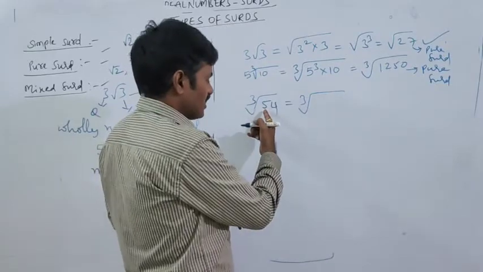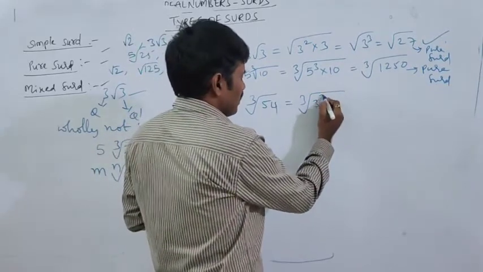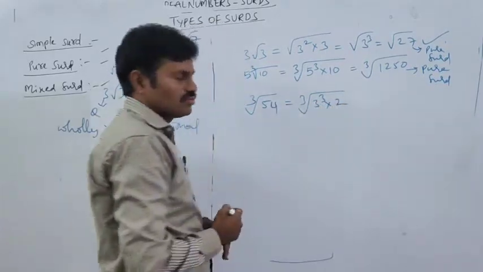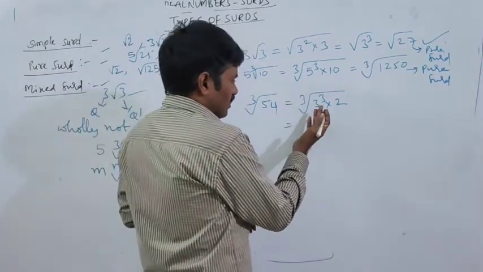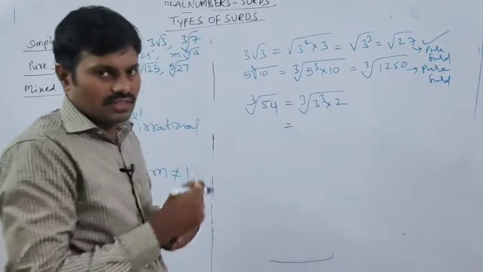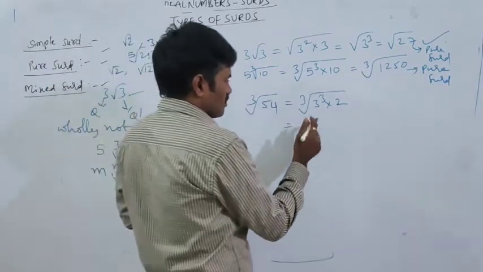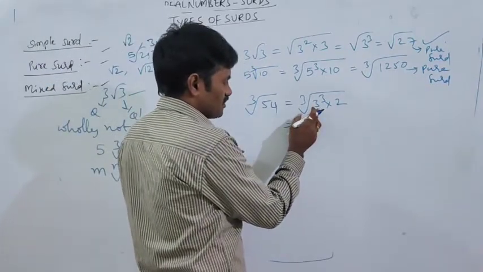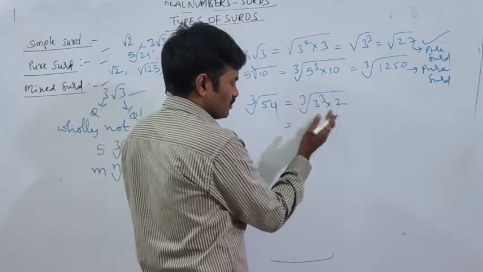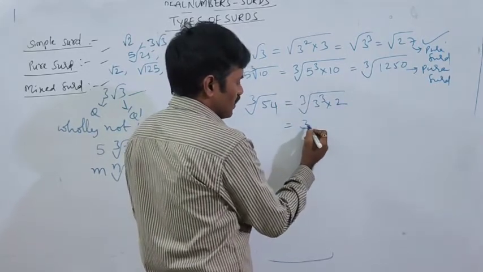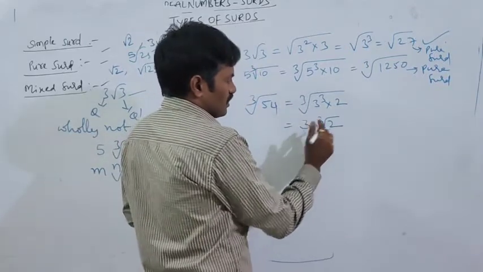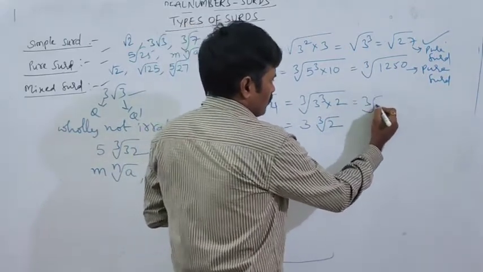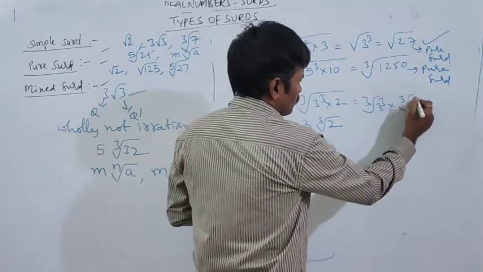The prime factorization of 54, I get 3 cube into 2. Am I correct or not? Yes. Now let me bring out some rational numbers outside. Is it possible or not? It is possible because here the order is the same. So if I write outside, it becomes 3 into cube root of 2. Like this, cube root of 3 cube into cube root of 2.